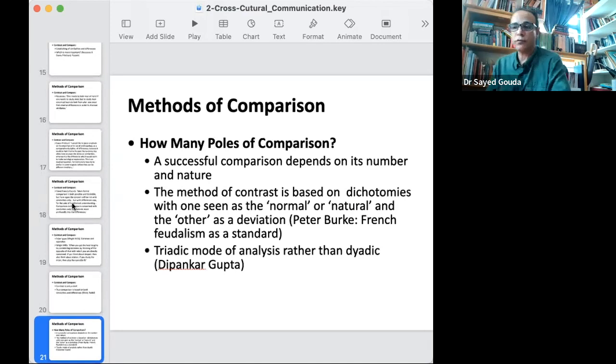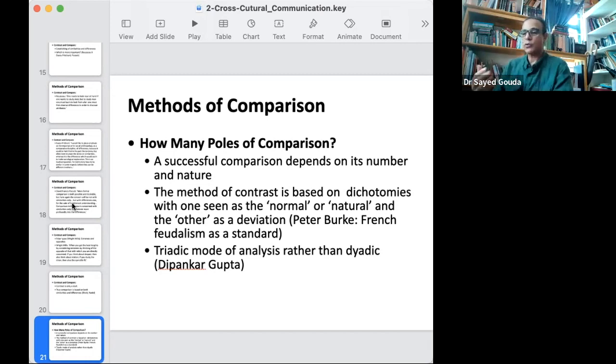How many poles of comparison here? As I said earlier, we cannot just randomly pick any two objects to make comparisons. They have to be of similar nature. And the method of contrast is based on dichotomies, with one seen as the normal, which is, let's say, your culture.